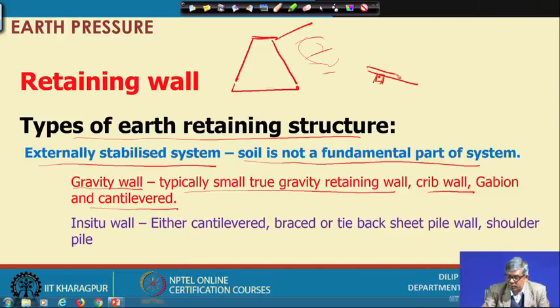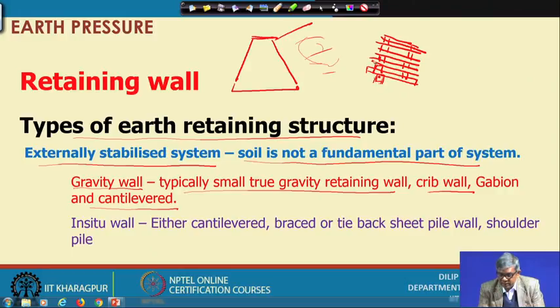Suppose we have a number of members. You can see there is a little inclined member, and there is a member here.